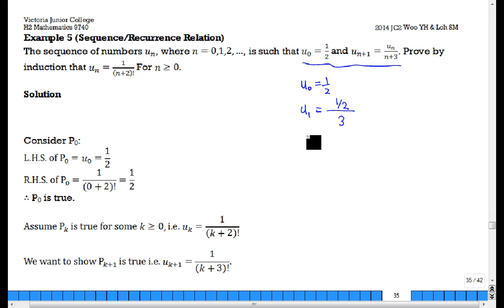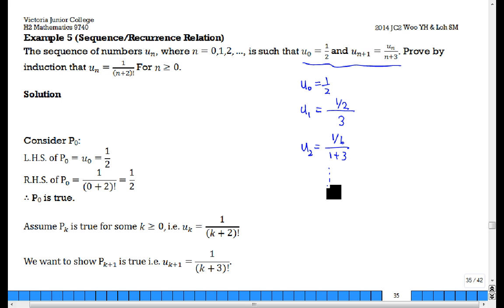Correct? U2 is, this is 1/6, right? 1/6 over 1 plus 3, and on and on. Correct? What does it say? It just means that by the definition of the recurrence relation, U0 is this, U1 is this, U2 is this, U3 is this.